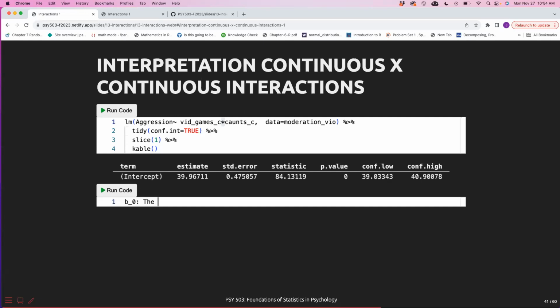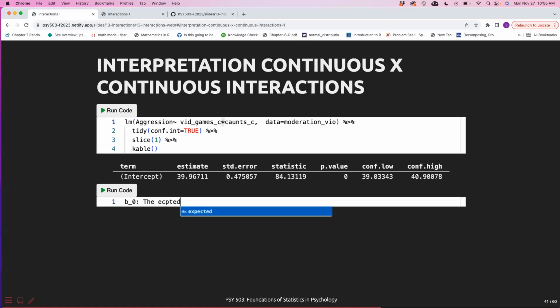Is it aggression score as our DV? Yeah, aggression scores are the DV, yep. Okay, yeah, it's the aggression when the video game hours is at its mean and callous unemotional traits is at its mean. Yep, correct.